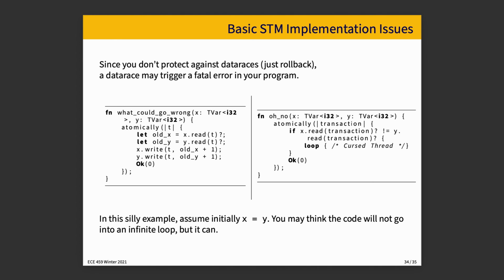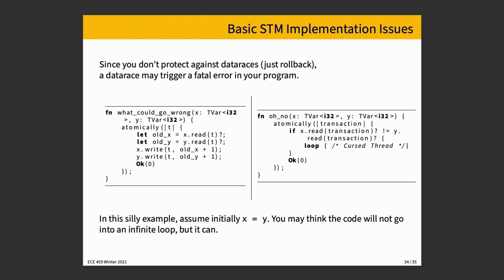However, if we have multiple invocations of what could go wrong, part of the problem is that the intermediate state of x or the intermediate state of y could become visible by reading those values in the other function, oh no. And even though one of the implementations that tried to modify x and y at this time will fail, we will end up with the infinite loop in the oh no function, or even if just what could go wrong partially runs and that intermediate state is visible, even if there's only one invocation, because rollback is the only thing that works here.